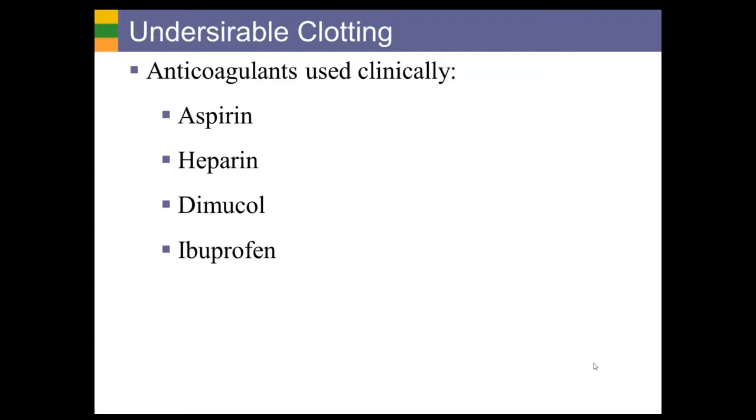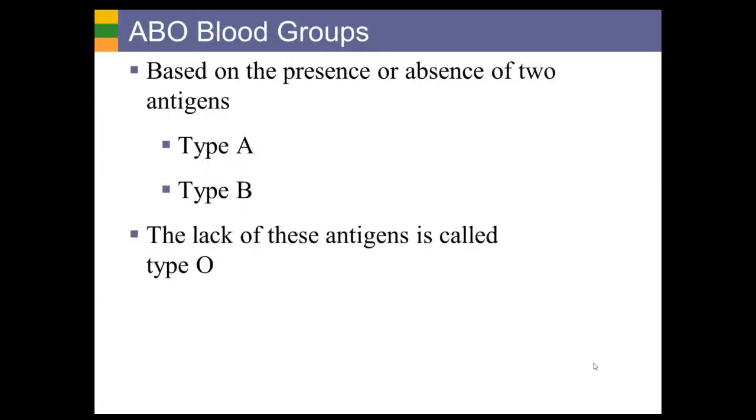So there are somewhere in the order of 20 different blood groups, but the two blood groups that cause the most significant rejections if an individual is transfused with incompatible blood are the ABO blood groups and the Rh blood groups.